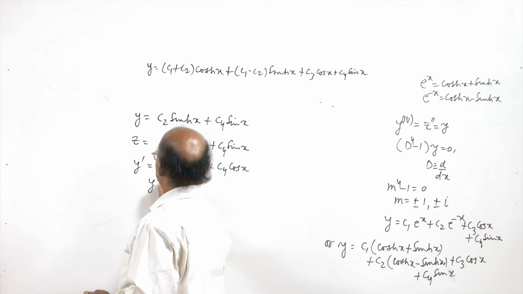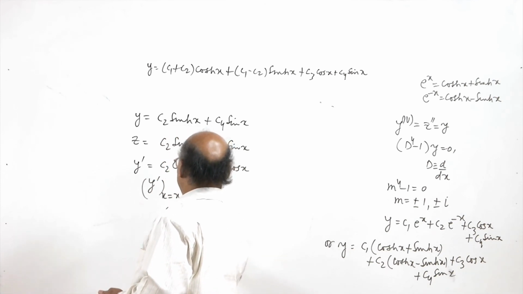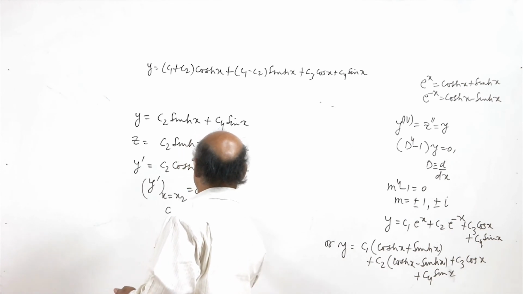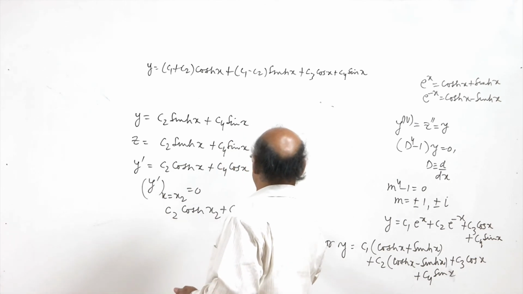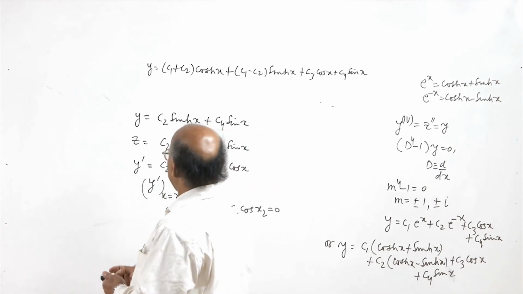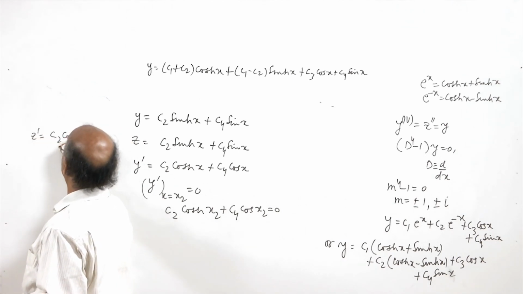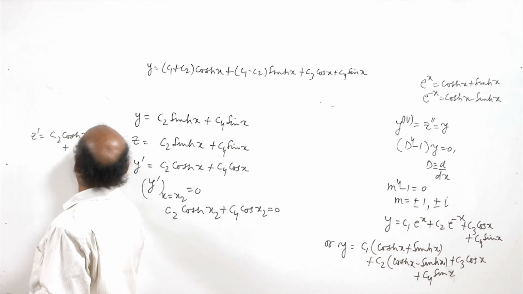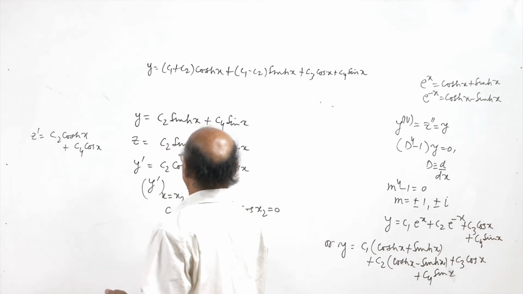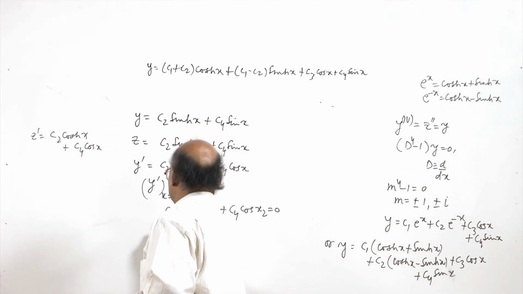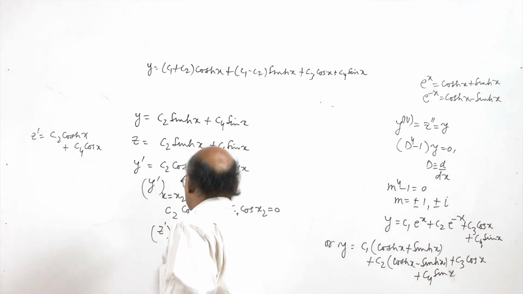Y' at x equal to x2 equal to 0 gives you C2 cosh x2 plus C4 cos x2 is equal to 0, and z' is equal to C2 cosh x plus C4 cos x. So z' at x equal to x2 equal to 0 gives you C2 cosh x2.